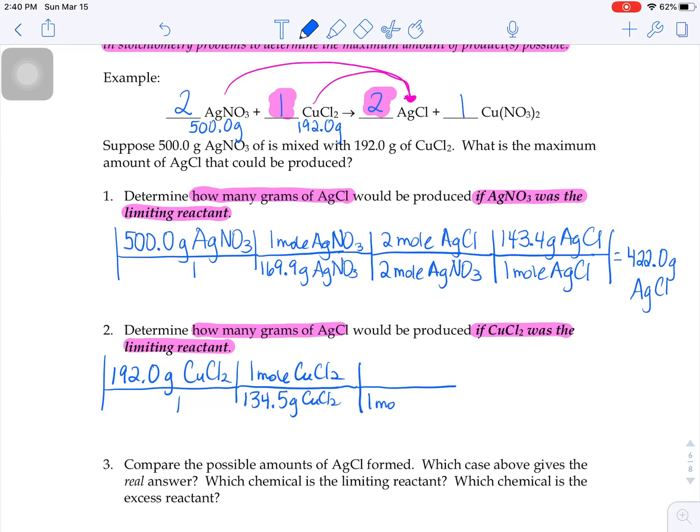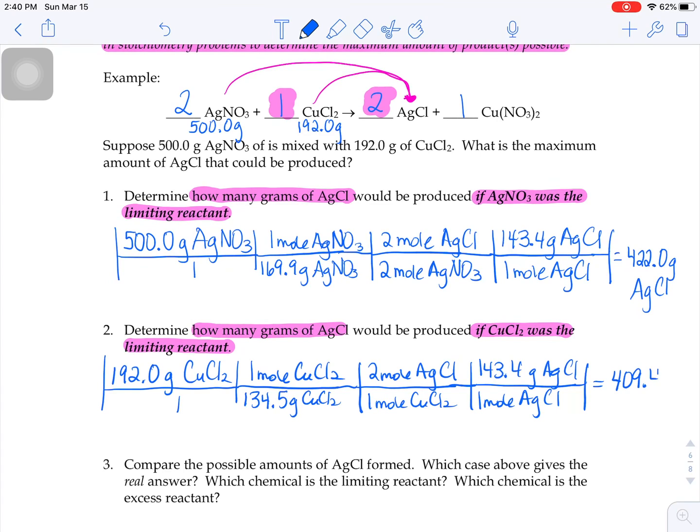It's a 1-to-2 ratio, and just like above, we got to get those moles of silver chloride into grams of silver chloride using its molar mass. This one, after we throw this guy in our calculator, you get 409.4 grams of silver chloride.